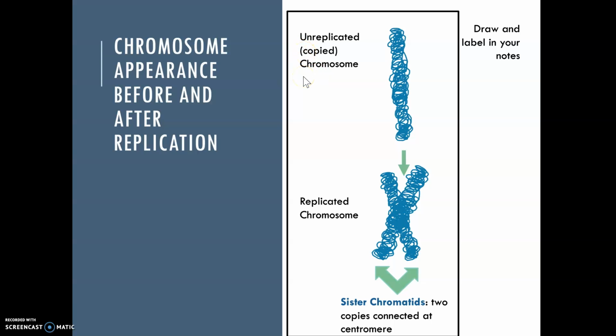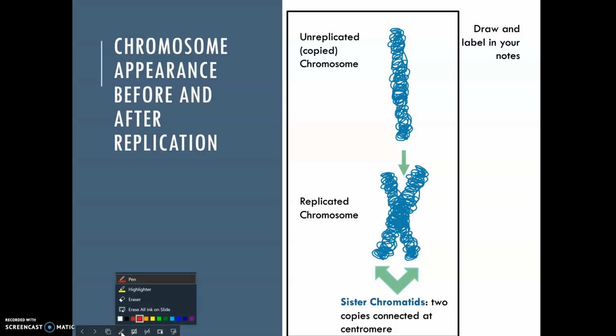And then when the cell gets ready to divide, it needs 2 copies. So it first makes a copy, but they stay attached at that middle piece or the centromere. And so now you can make a whole bunch of squiggles, but connected in the middle. And when you have 2 copies that are connected in the middle at the centromere, then you would call that sister chromatids, or 2 copies connected at the centromere.